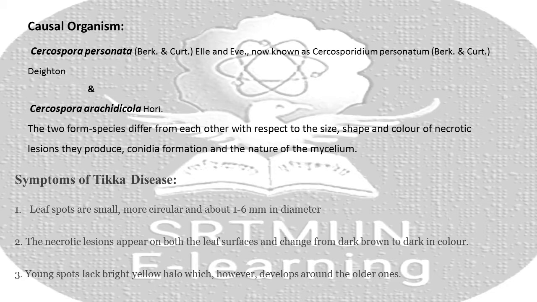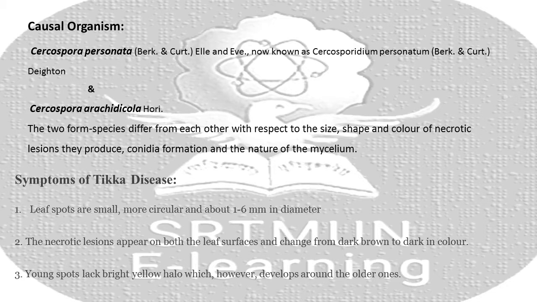The two forms or species differ from each other with respect to the size, shape and color of the necrotic lesions they produce, conidia formation and the nature of the mycelium.